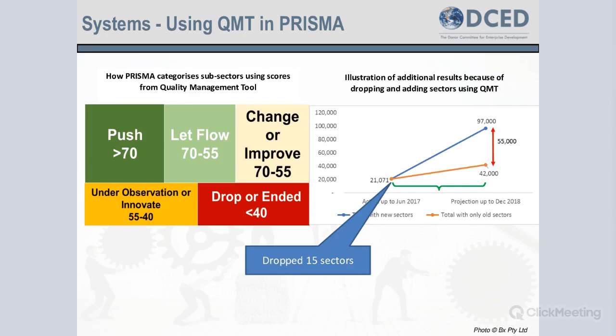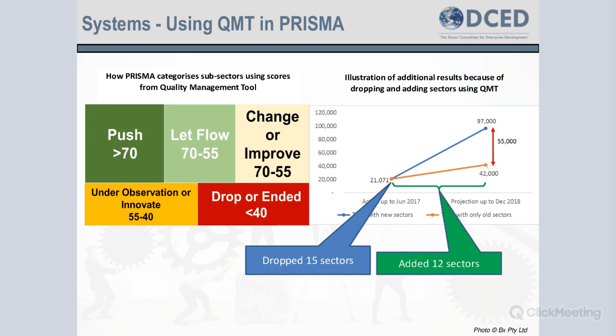There's an illustration in the learning series case study that we wrote about the numbers and results at the end. In June 2017, we dropped around 15 interventions in the sectors, and we added another 12 in the next 1.5 years.